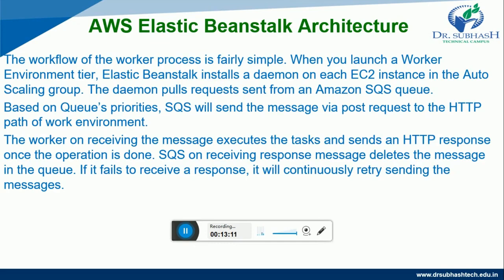The worker, on receiving the message, executes the task and sends the HTTP response once the operation is done. SQS, on receiving the response message, deletes the message in the queue. If it fails to receive a response, it will continuously retry sending the messages.